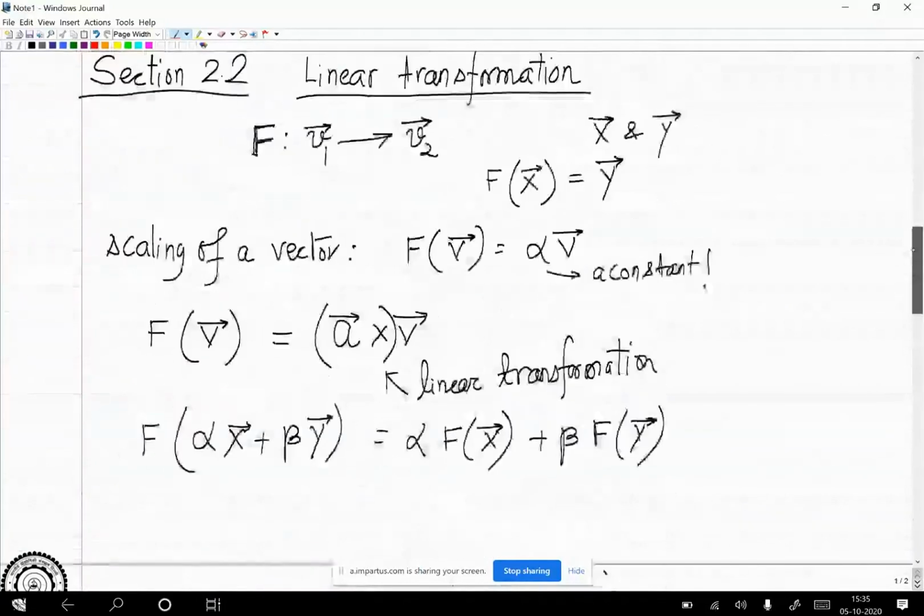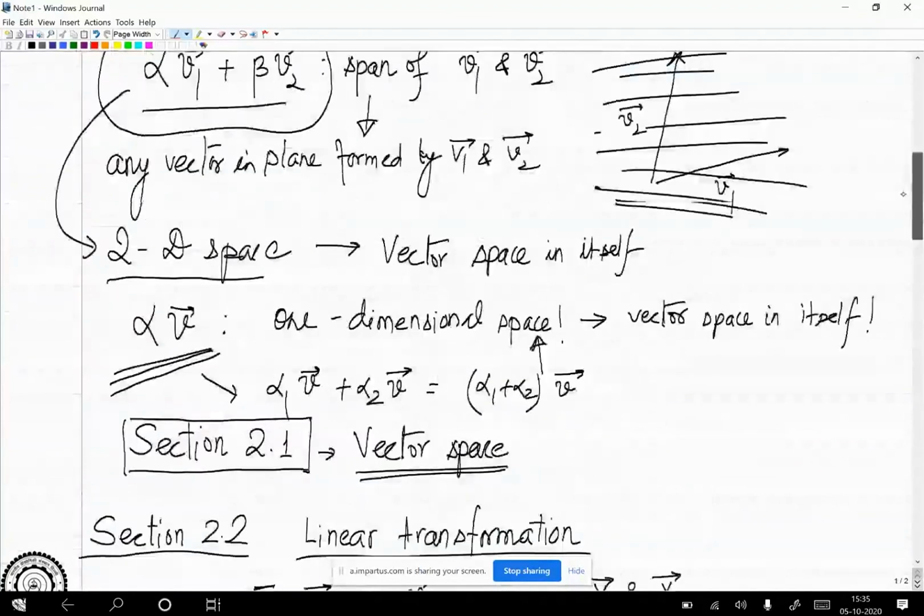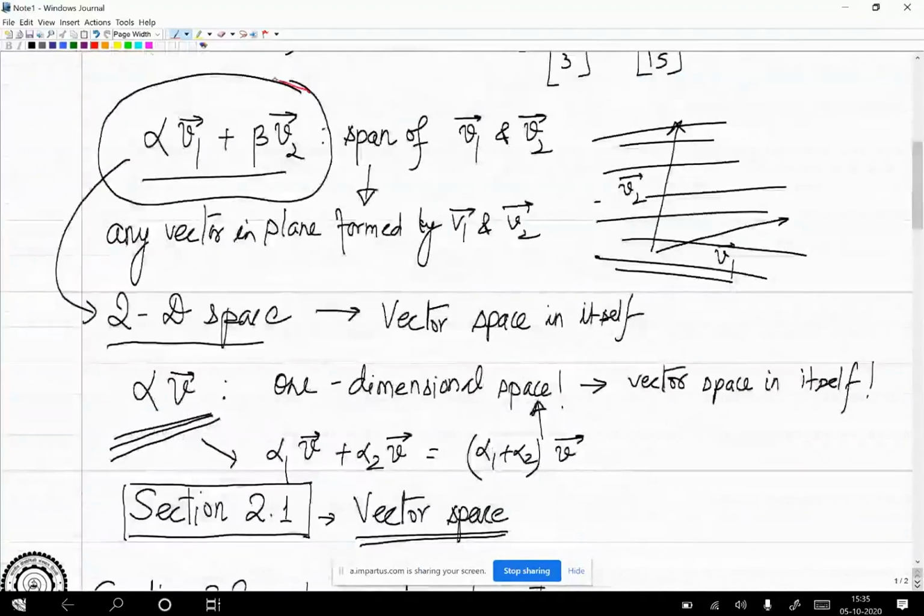Yes, sorry, yeah, here. When I talked of this 2D space, this 2D subspace, which is also a vector space, what is the dimension of this vector space? Niranjana, what is the dimension?